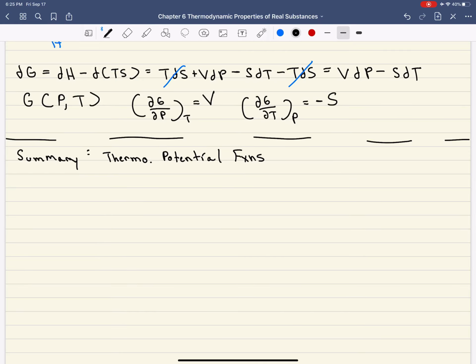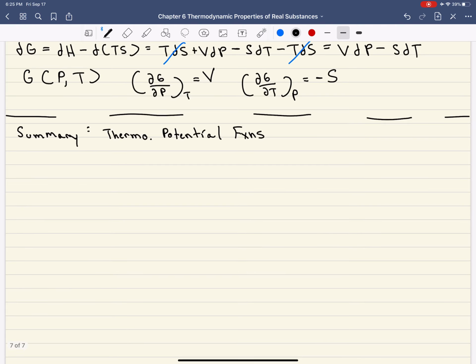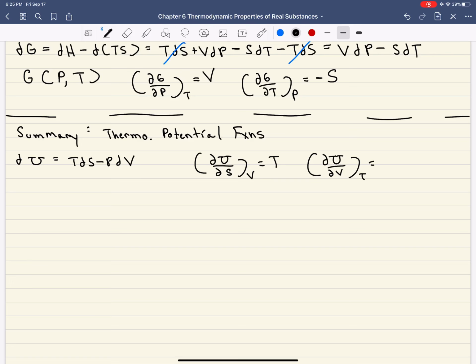Okay? And so just to summarize, for dU, the fundamental equation is TdS minus PdV, and its derivatives are dU/dS at constant V equals T, and dU/dV at constant S is equal to negative P.